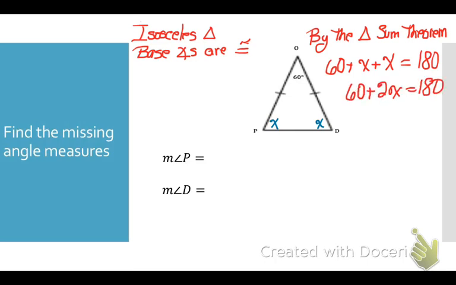And if I solve this, 60 plus 2x equals 180, I would get x equals 60. So both of those angles are 60 degrees. Now you might have looked at this immediately and said, hey, the base angles are congruent, and if the vertex is 60, the base angles have to be 60. That could have popped at you instead of having to do the math.